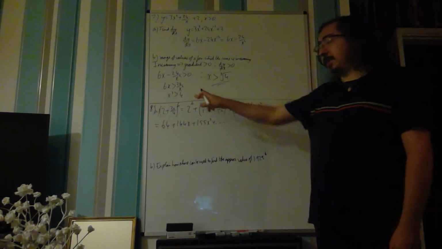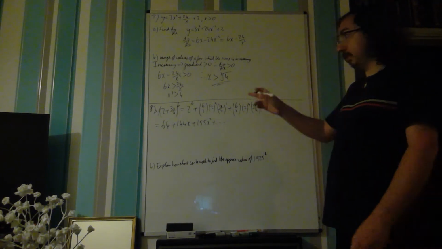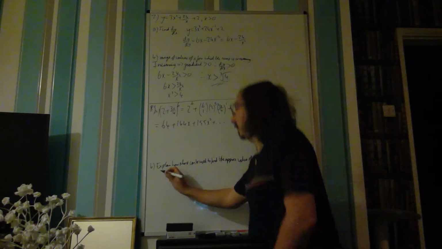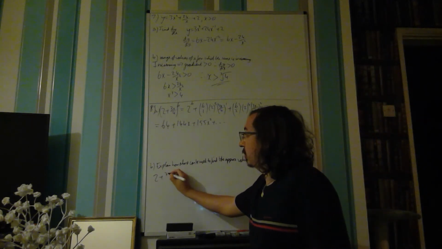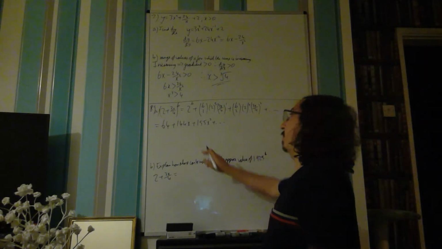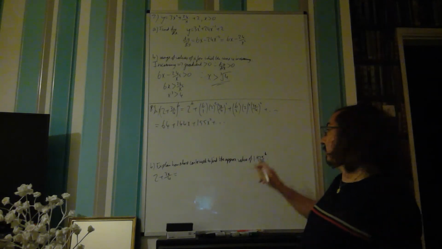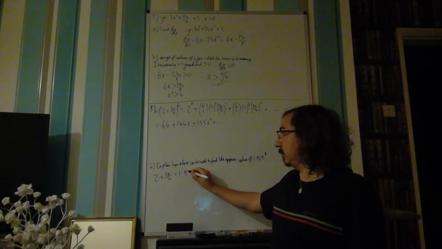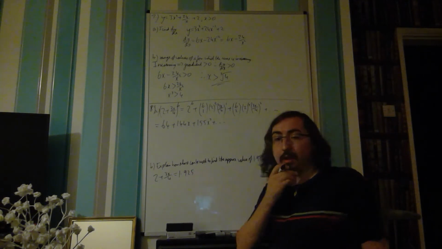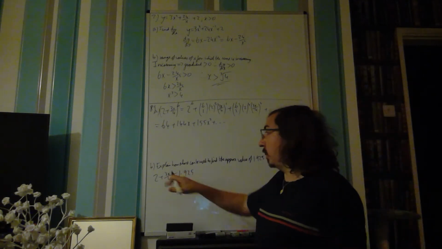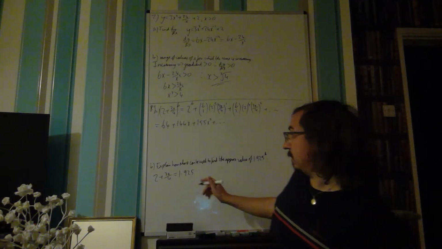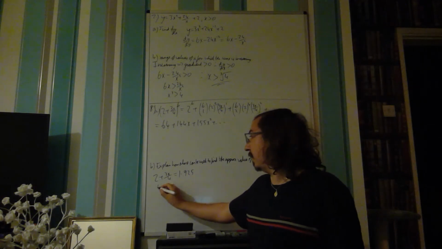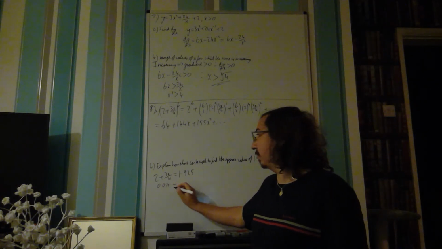Well, the power of 6 gives you the clue that these are very much going to be equated, and they are, but what we can say is that we've got 2 plus 3x over 4, because that's raised to the power of 6 and the 1.925 is raised to the power of 6, is equal to 1.925. We can rearrange this to get a value for x, so we can say 2 minus 1.925 is 0.075.